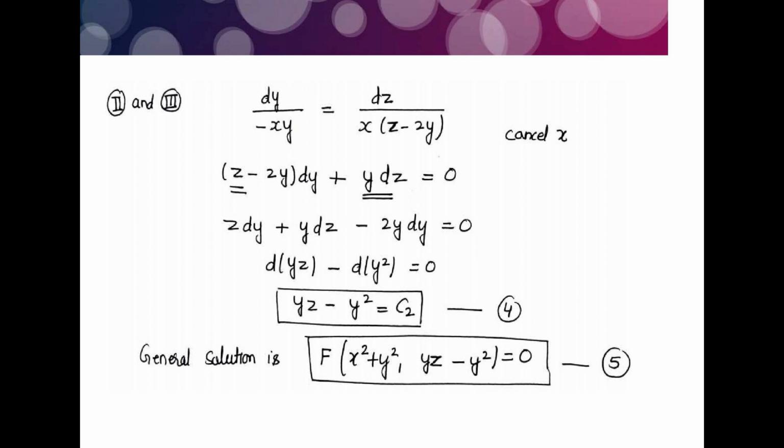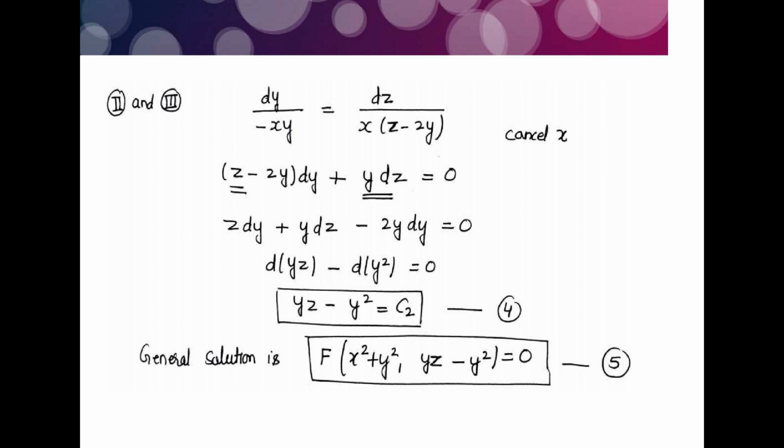Till now we have not used third ratio, that is dz upon x into z minus 2y. So to find out the second integral surface or curve, we will use this ratio with the dz term, and along with this we can use any combination of first and the second or just one of the ratios. So I am using second and third ratios, dy upon minus xy, this is equal to dz upon x into z minus 2y.